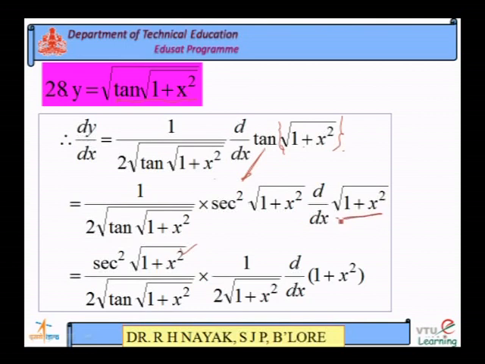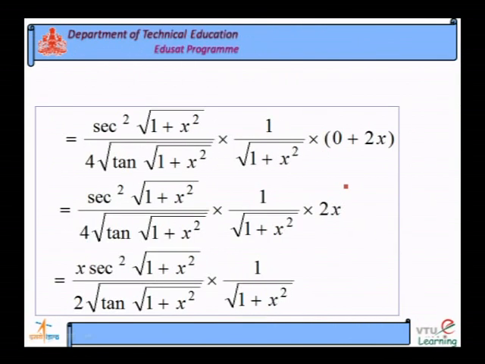Differentiation of this is treated as what? Root function: 1 by 2 root of function into d by dx of function. The function is 1 plus x square. In the next step, differentiation of 1 is 0 plus differentiation of x square is 2x. The 2 gets cancelled, and we reduce it to this form: 1 by 2 root f x, this 2 into 2 is taken as 4.